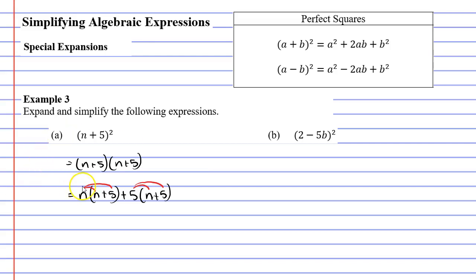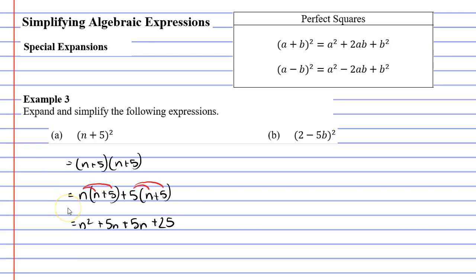So let's do that. n times n is n squared, and then n times 5 is 5n, and then 5 times n is 5n again, and finally 5 times 5 is 25.